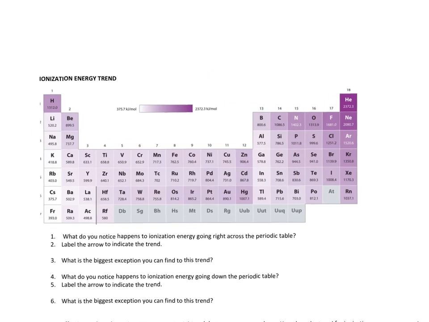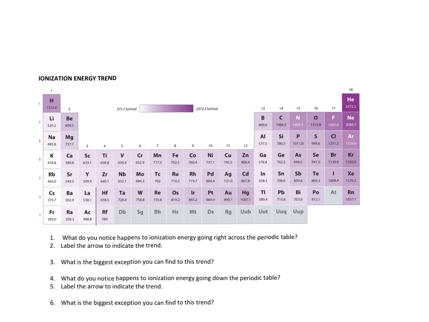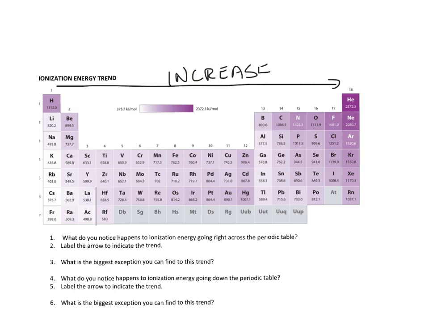We're going to look at the pattern in the numbers first. What we see here is that as we go to the right, these values tend to increase. It isn't a perfect pattern. There are a few exceptions.